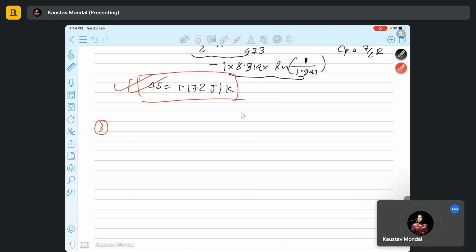This type of problem we have also done previously. The entropy of mixing is what we have to calculate.